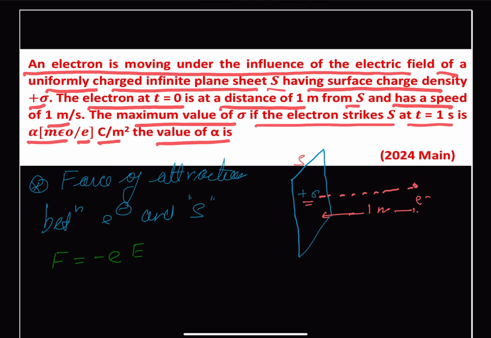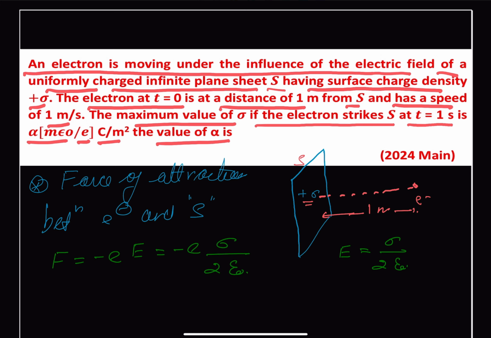And the electric field of the sheet having a charge density of plus sigma is given as sigma upon 2 epsilon naught. So we can write this as minus E sigma upon 2 epsilon naught.